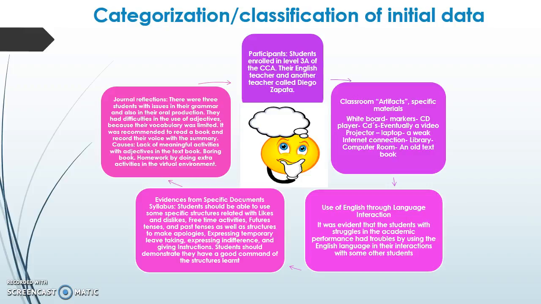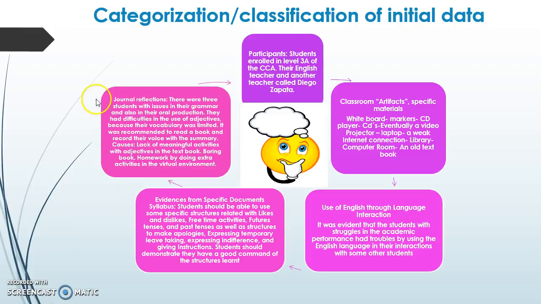The students should demonstrate they have a good command of the structures learned. When they don't know how to say a word, they ask the teacher about the word needed to use in the sentence. Nevertheless, it is difficult for some students to try to use these English words because some of them are shy in front of their partners.